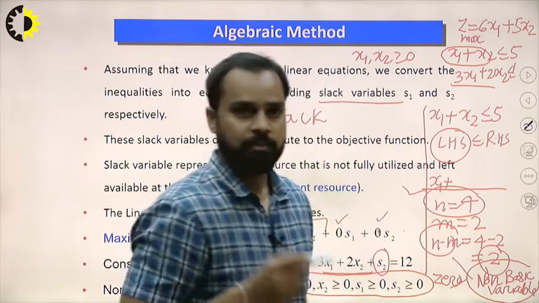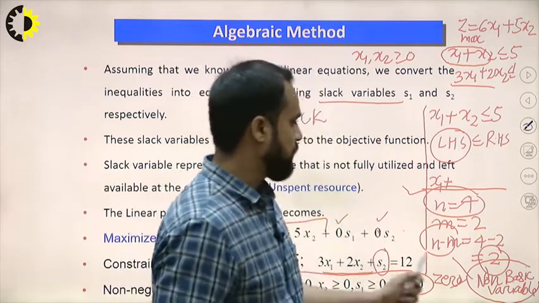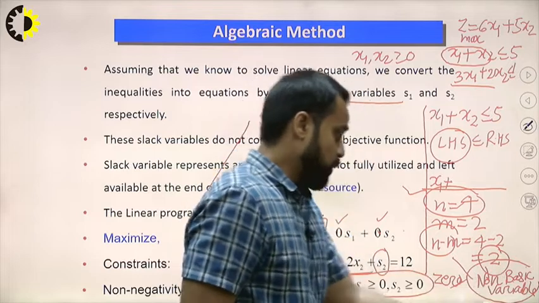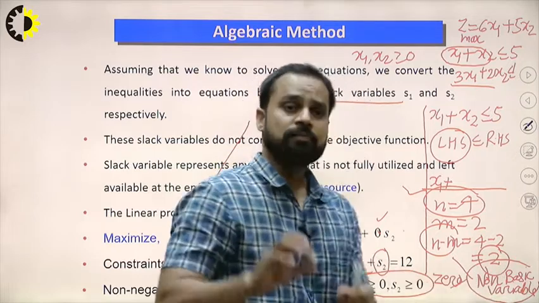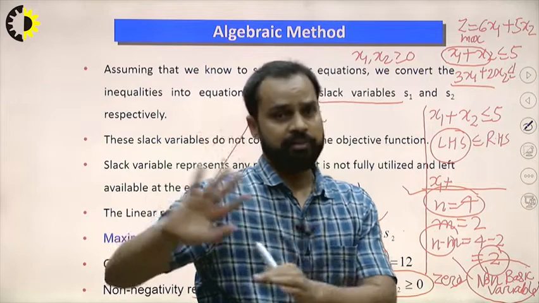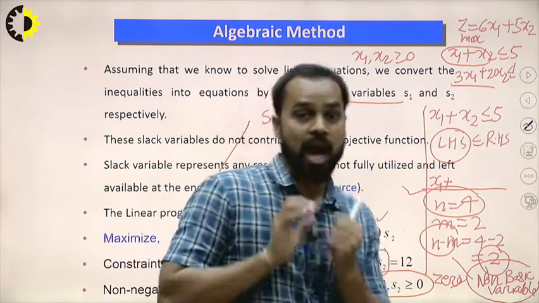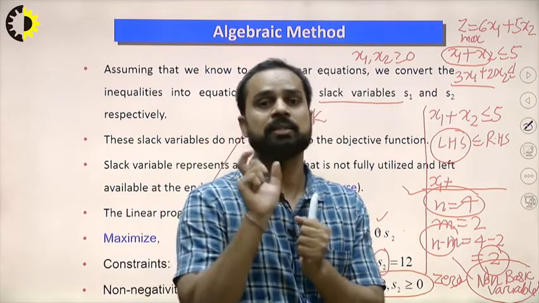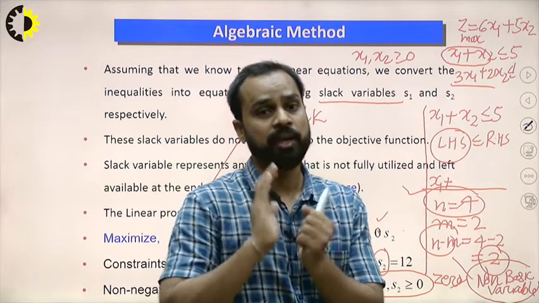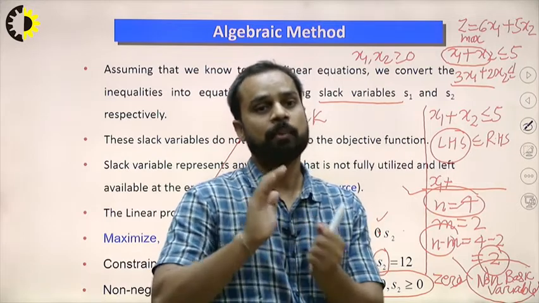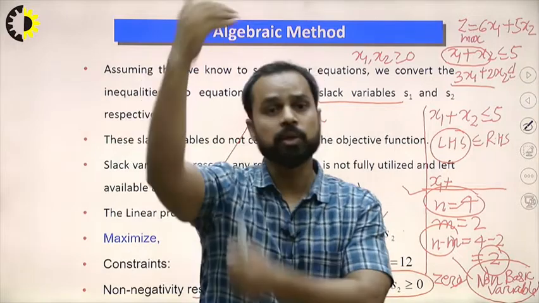I am repeating my statement again. These non-basic variables can be fixed to any arbitrary value. If I fix them to any arbitrary value, then the problem has an infinite number of solutions.